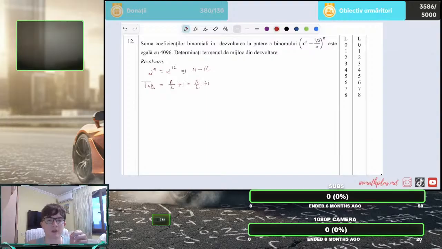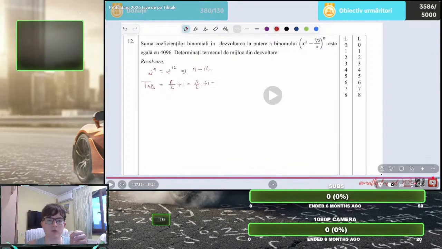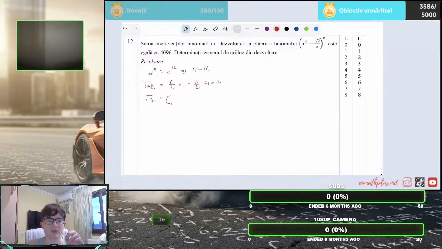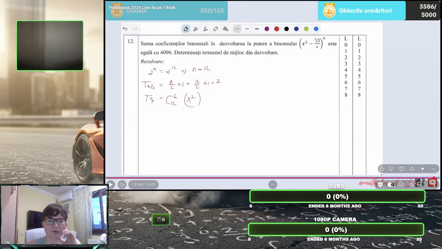So we're going to have 12 divided by 2, which is essentially 6, so t7, that's t6 plus 1, so C12 6, x to the power of 2 right there.